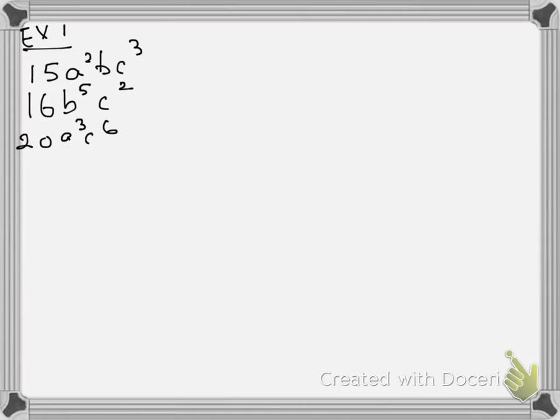If those are the three terms I'm looking at and I want to find the LCM, the least common multiple, because we're not dealing with denominators right now, I'm basically going to have to prime factor all those numbers.